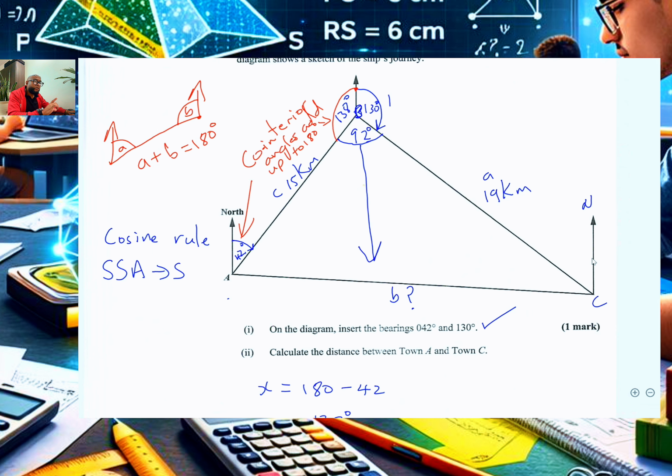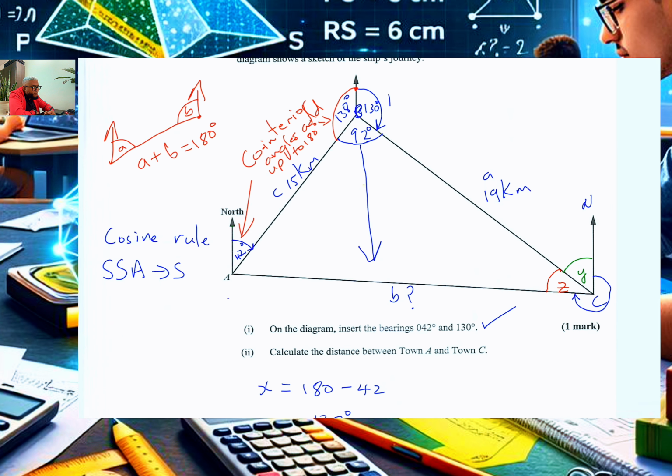Town C. You start at your north line, brothers and sisters, and you go in a clockwise direction all the way around to the line that goes from C to A. That would be the angle within each angle, and then here would be another angle that we need to find, right? So once you add up these two angles together, minus it from a complete revolution, which is 360, I would get the bearing of town A from town C.